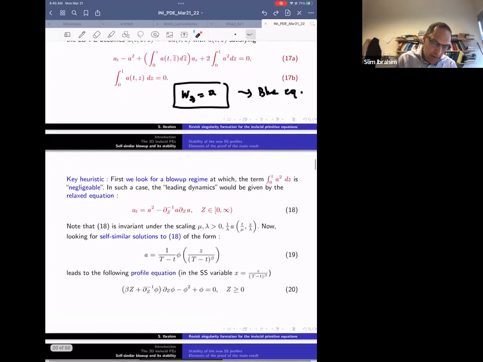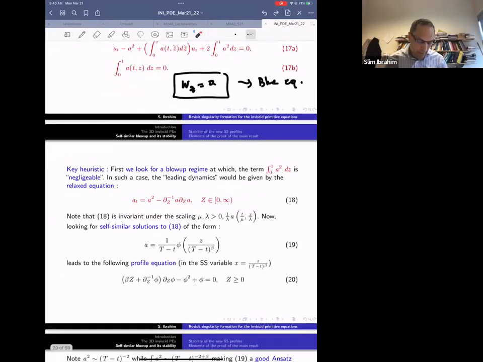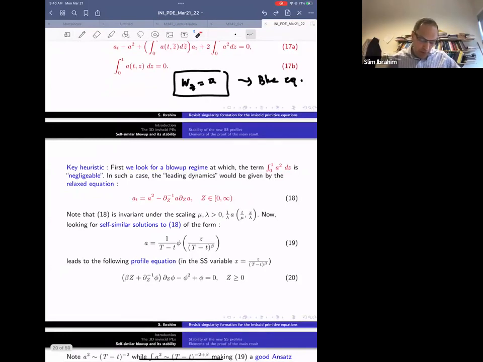So this red equation now becomes this simple transport equation, a non-local transport equation, right? And we relax the domain from 0, 1 to 0, infinity. I'll tell you why. Now we have a much richer family of scalings.